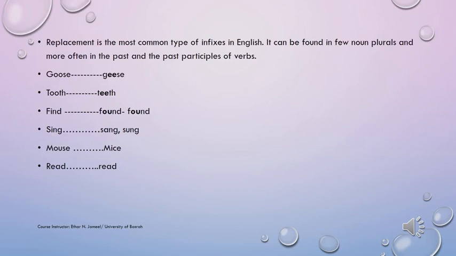It is a morpheme because it has meaning, but it is an infix because it comes within the word. It is inserted within the word. So found consists of find plus ow, the infix ow, which has the meaning of past and past participle.